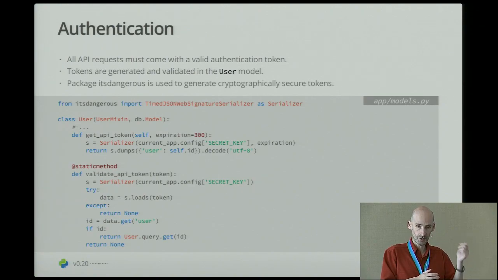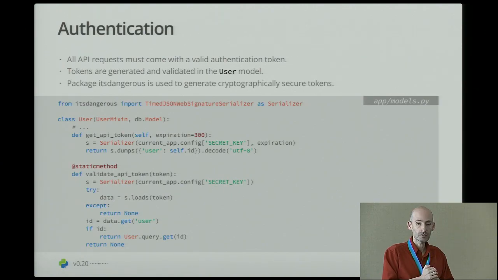So the browser will send authentication every time I click on approve or delete, those red and blue buttons that you saw before. So how does that work? One way would be to send username and password, but that's kind of tedious and it could be a security concern. So what I did is I'm going to create authentication tokens, and those are going to be the ones that will tell the server who the user is.